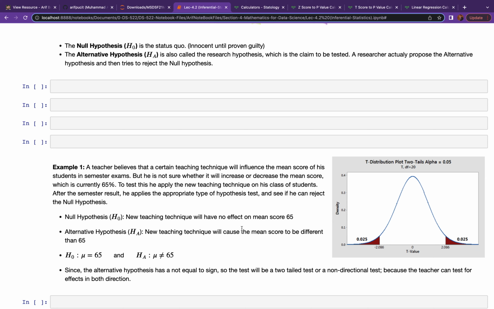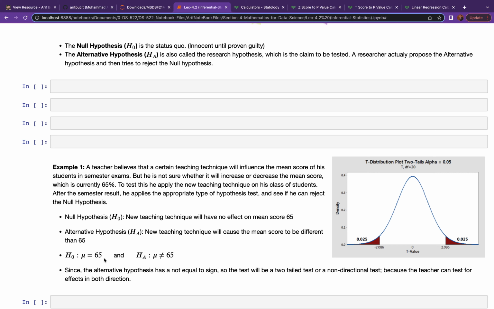Suppose there is a teacher who believes that a certain teaching technique will affect the mean score of students in his subject of, let's suppose, data science. The teacher is not sure whether this technique will increase or decrease the mean score, which is, let's suppose, currently 65.